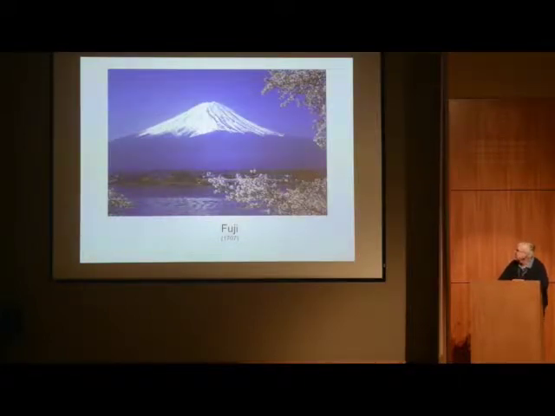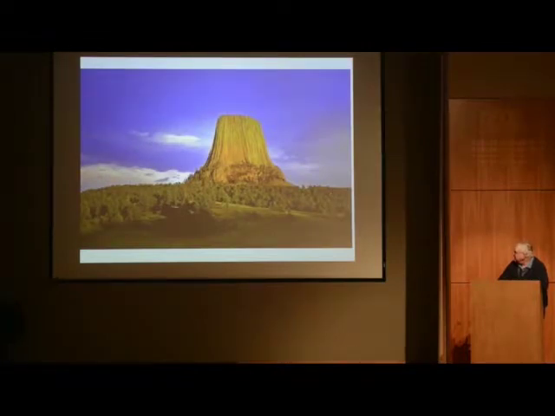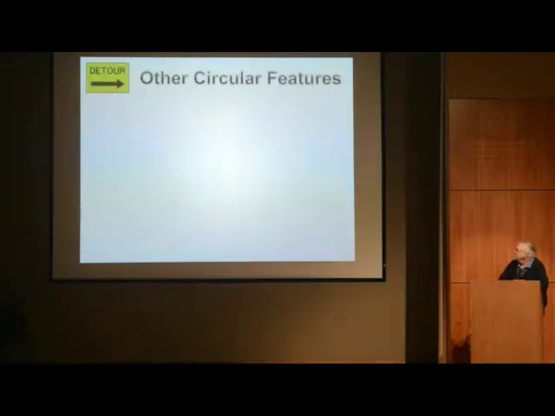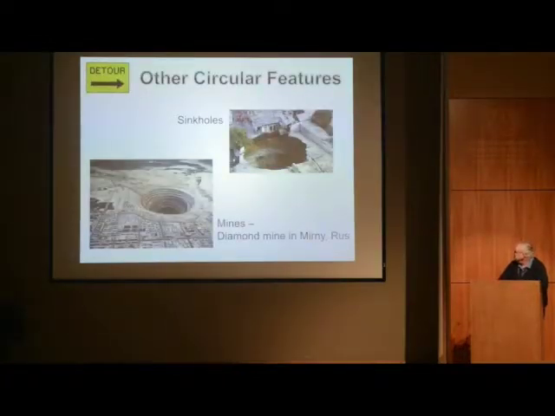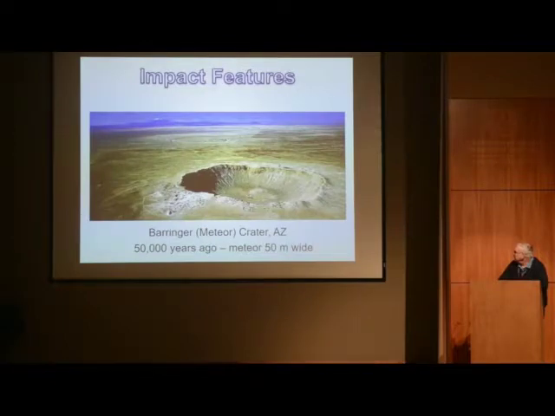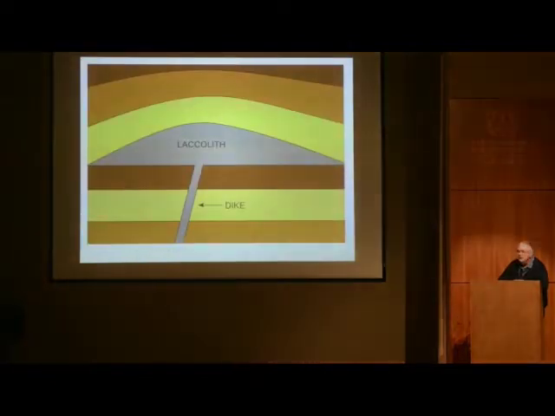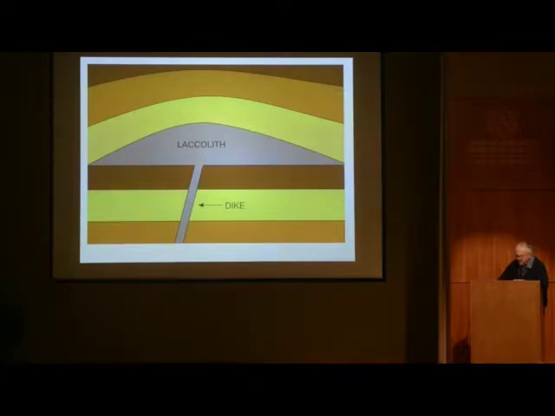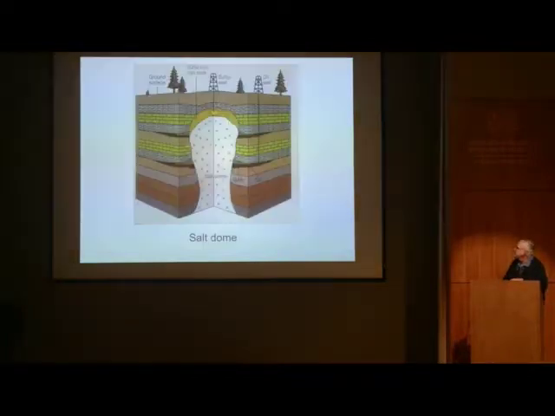Of course, volcanoes, active volcanoes, volcanic features, things left over from volcanoes. Went on to talk about other circular features, won't go into detail, impact events, also lack of this. This is magma material that comes up from below and bulges out and creates areas at the surface that reflect that.